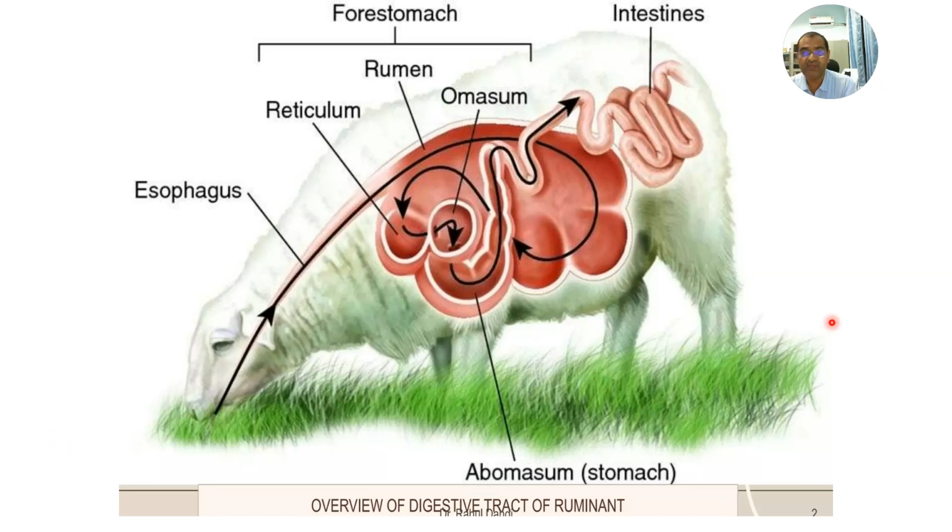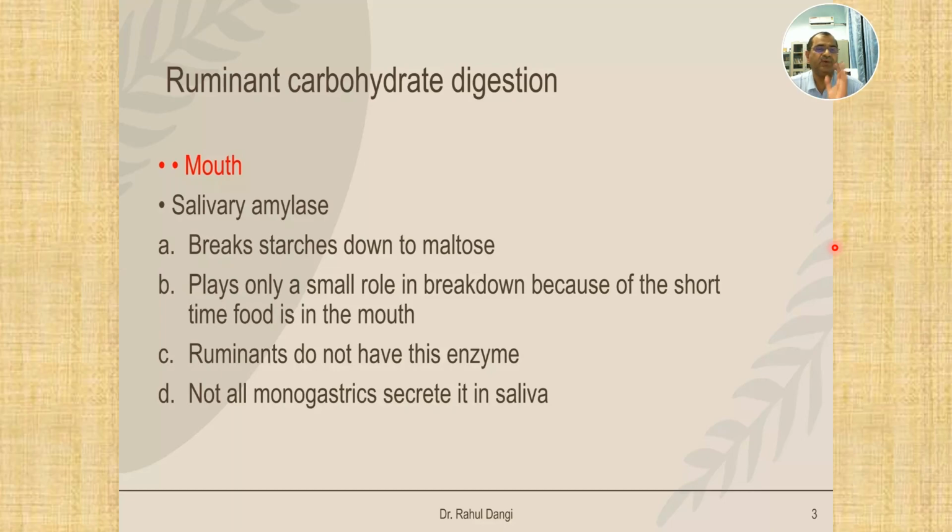Coming to the next thing, ruminant carbohydrate digestion starts from the mouth. In the mouth, some animals have salivary amylase, which digests starch down into maltose, but it plays a very small role in the breakdown of the food in the mouth.